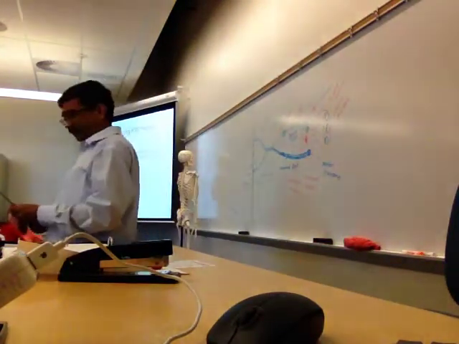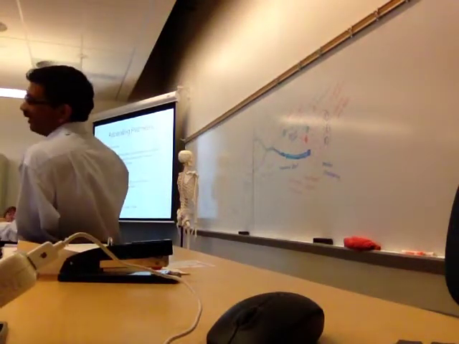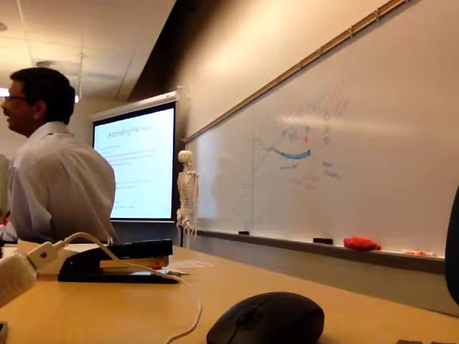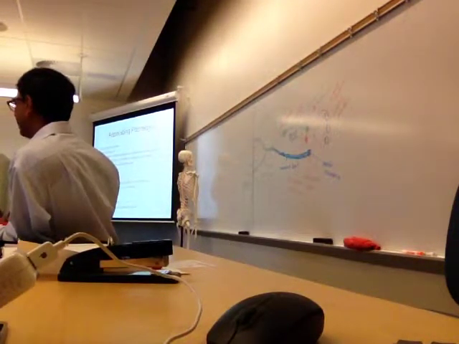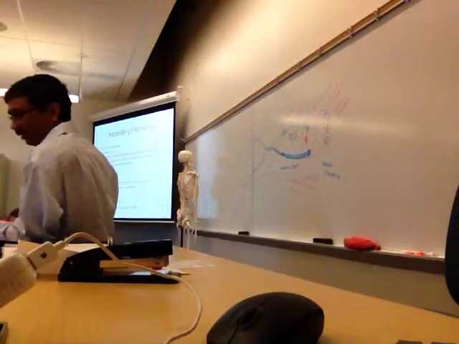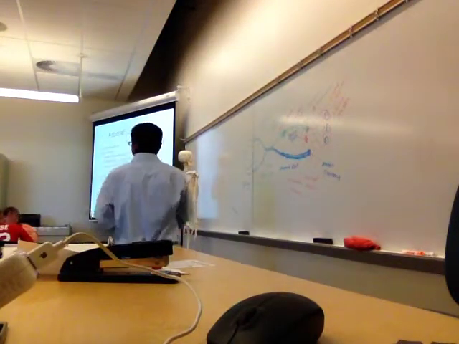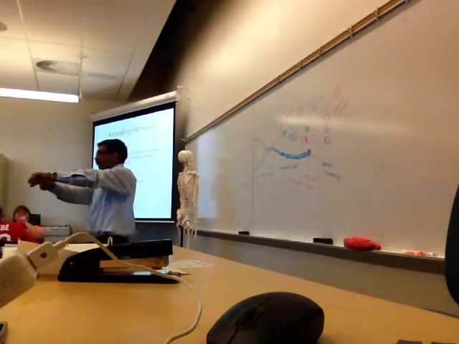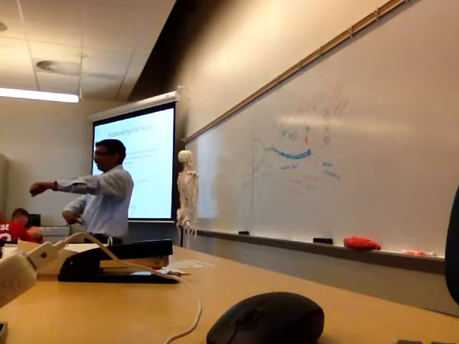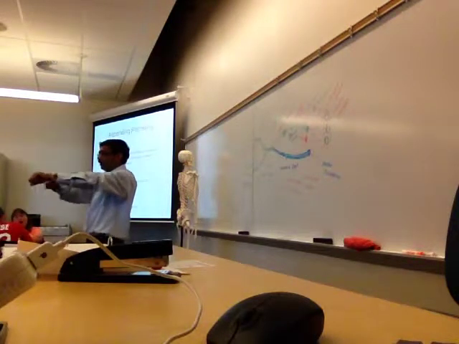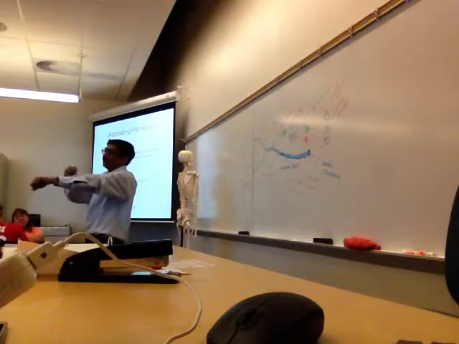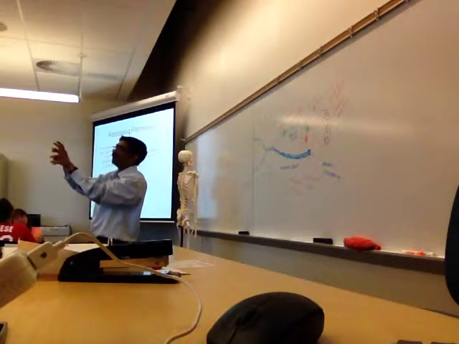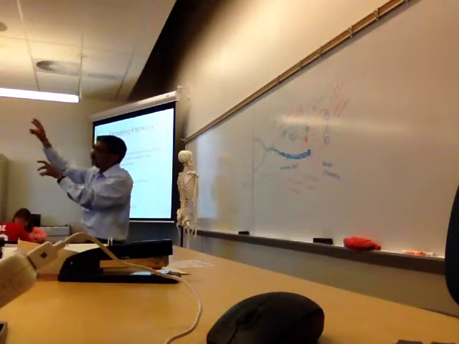Now, sensory relay takes place in 3 locations. When the sensory signal, for example when I touch your skin, goes from the skin to the brain, in 3 locations the signal is relayed. That means it is given to another group of neurons.